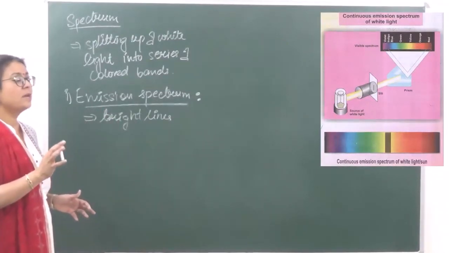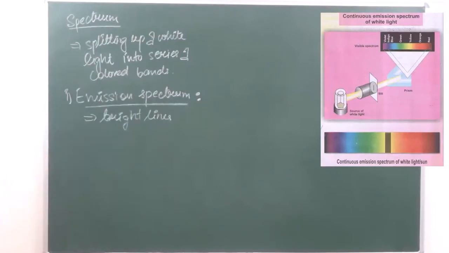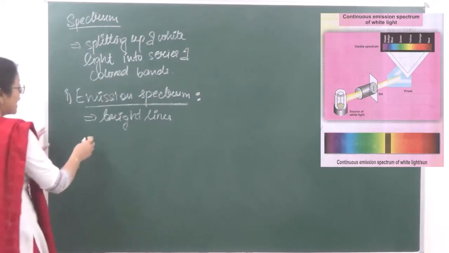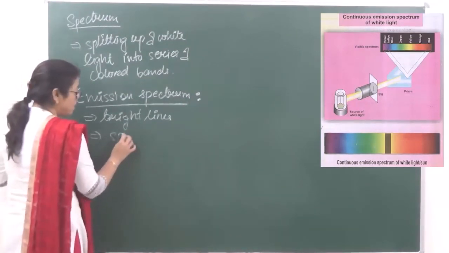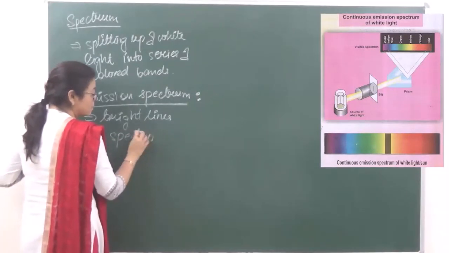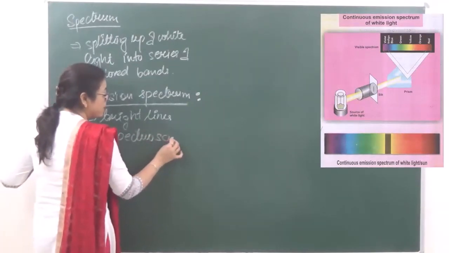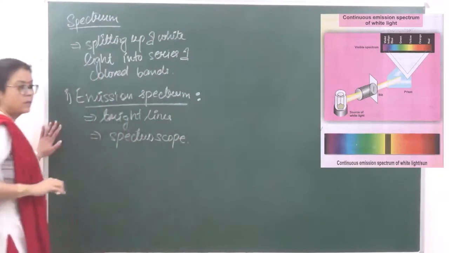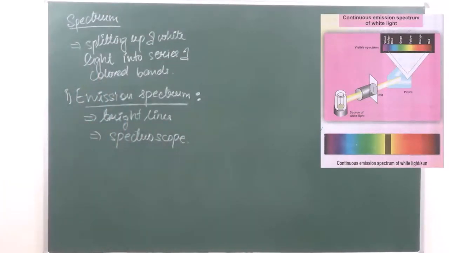So that is what an emission spectrum is. It is obtained when radiations emitted by an excited substance are analyzed with the help of a spectrometer or spectroscope. A spectroscope is a device to analyze the spectrum.